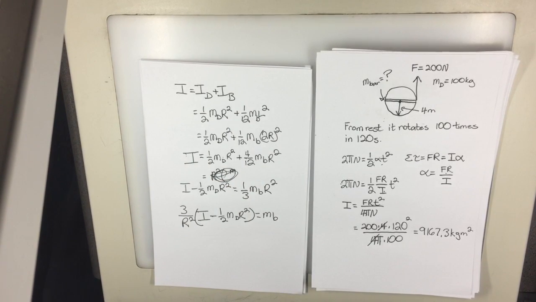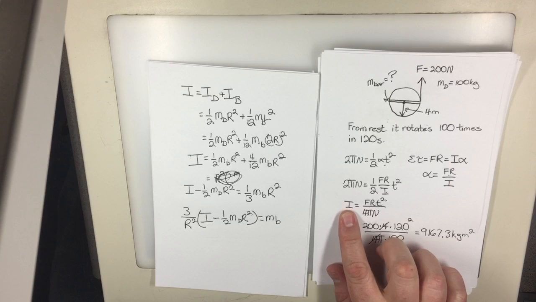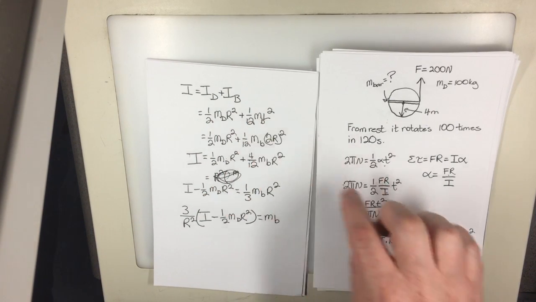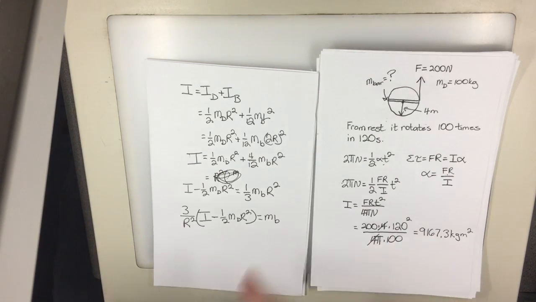So the rest is just algebra. But using our knowledge that the moments of inertia add up, much like just standard mass, we're able to algebraically manipulate it. There are times where I take this I, and I know that this I is this, and then solve for M_B with all that around it. But that gets a bit cumbersome at times, especially for you guys. So that's why I solved for I and then went through it.